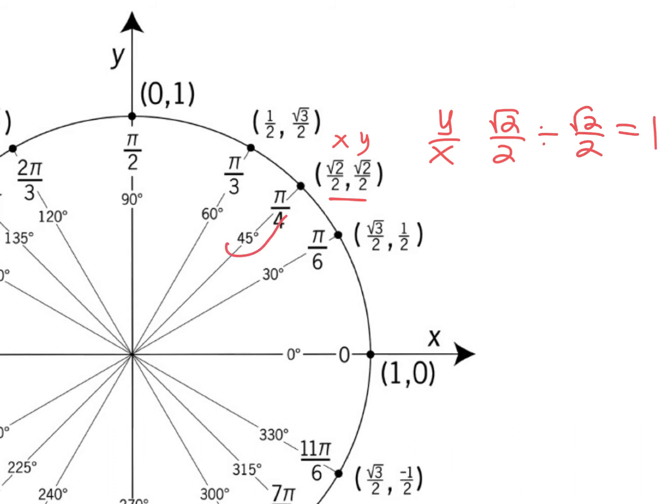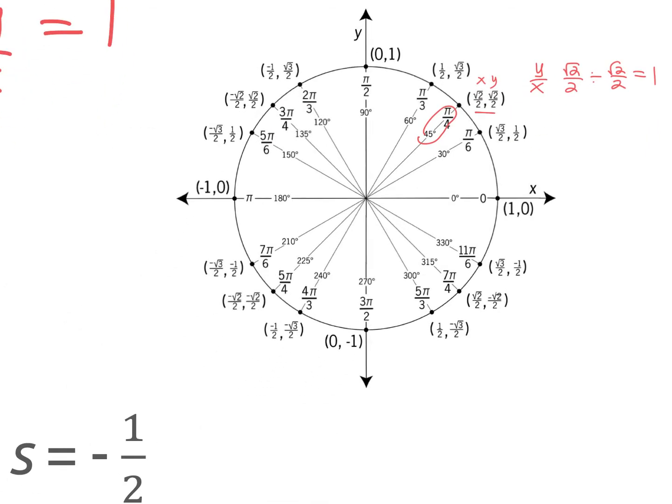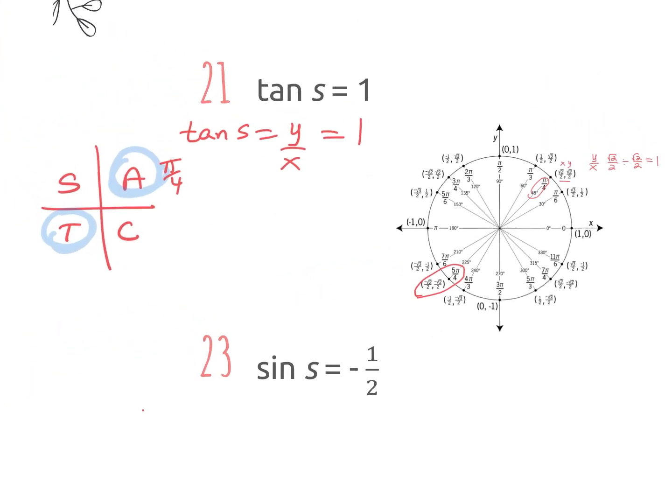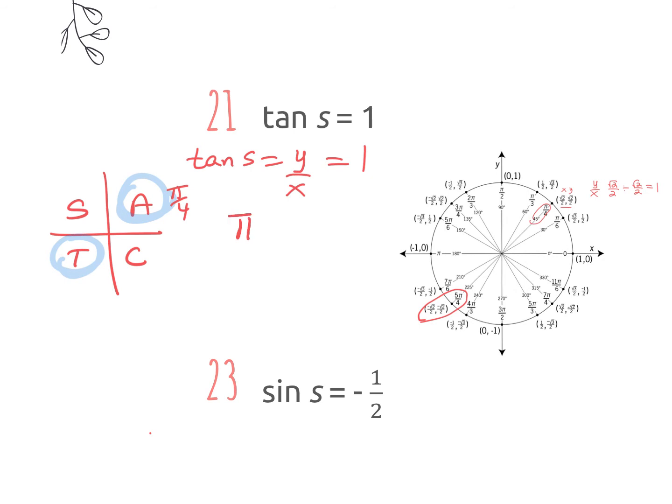So here's our reference angle, pi over 4. And in quadrant 3, here is the other one with the denominator of 4, so it's 5 pi over 4. So the two answers here are pi over 4 and 5 pi over 4.